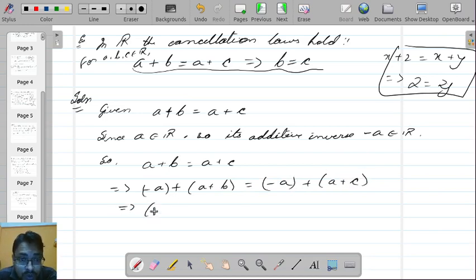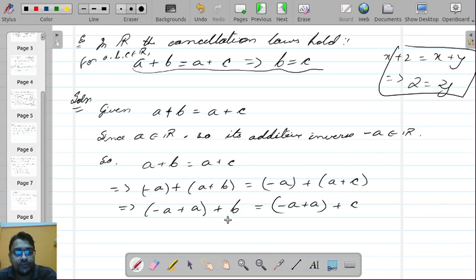Then we apply the associative property. That is why this associative property is very important. If we do not have that property, we cannot conclude anything. So minus a plus a plus b will be equal to minus a plus a plus c. We have the associative property, so immediately we can separate this. But what is minus a plus a? This is actually 0. So 0 plus b equal to 0 plus c. What is 0 plus b?